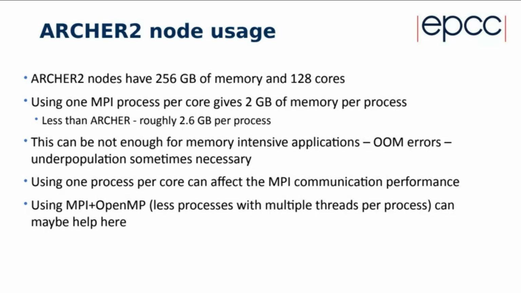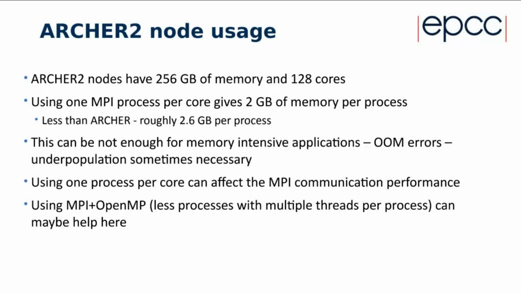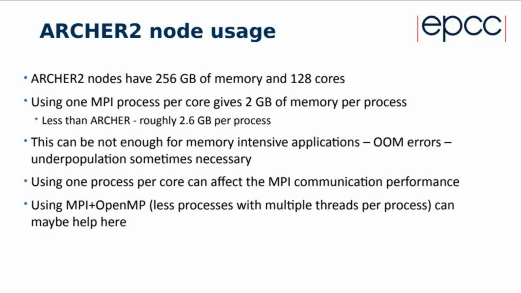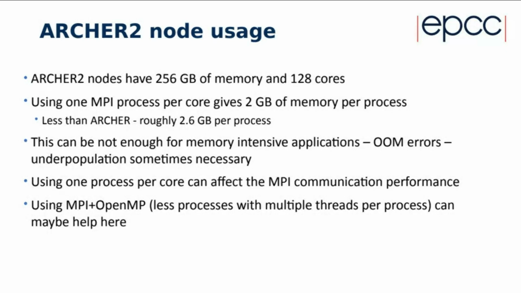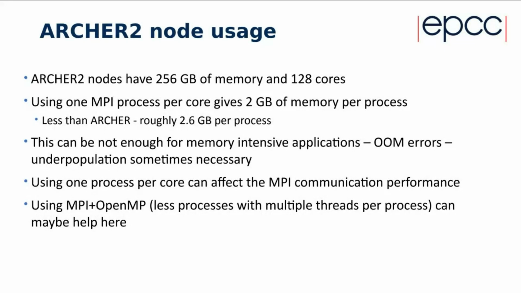So ARCHER2 nodes have 256 gigabytes of memory, and there are 128 cores. If you run with MPI, using 1 process per core, you end up with roughly 2 gigabytes of memory per process. This is slightly less than there was on ARCHER, where there was 2.6 gigabytes per process.